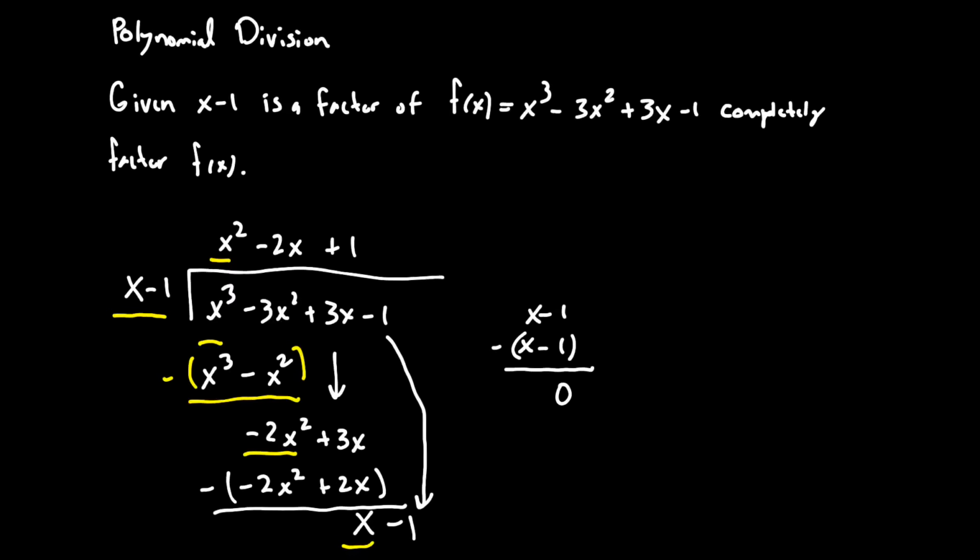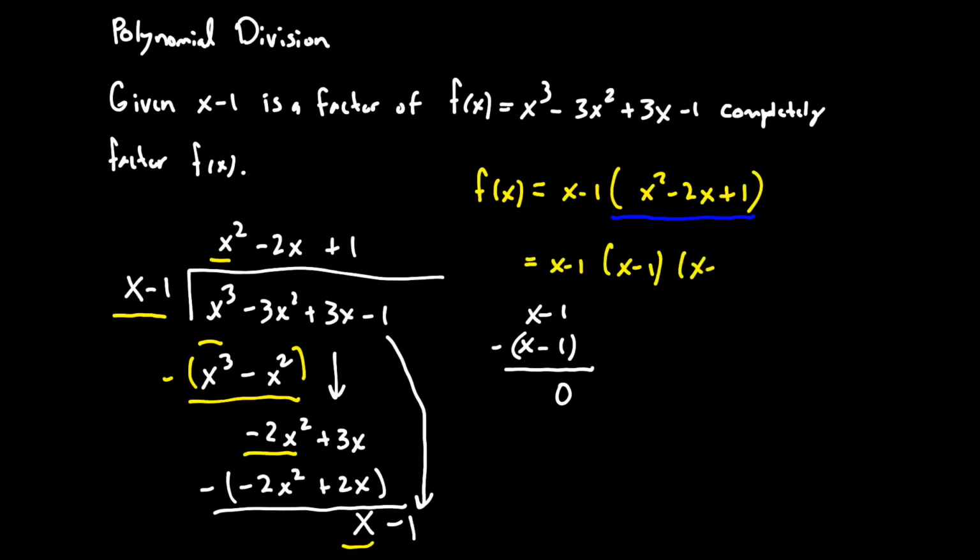What this tells us is that the function f of x is going to be equal to x minus 1 times x squared minus 2x plus 1. Now we can go ahead and factor this term here, and we see that this is going to be equal to x minus 1 times x minus 1 times x minus 1. And this is our polynomial completely factored.